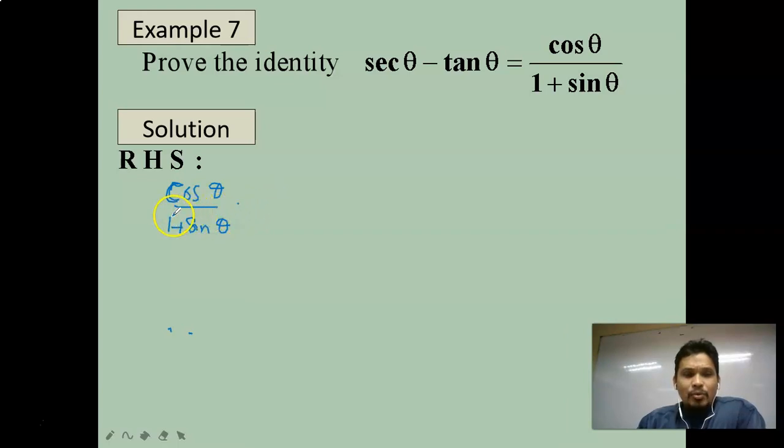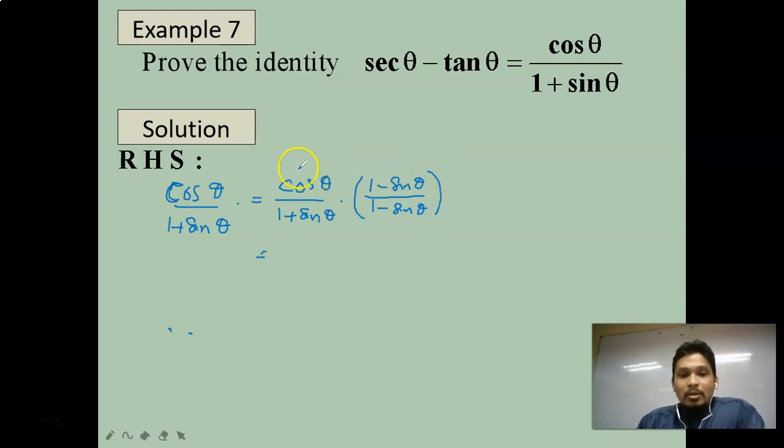To simplify this, 1 plus sine theta, I come up with cos theta divided by 1 plus sine theta, and we are going to multiply with the opposite of this. We might say we call it a conjugate, but not really, something like this one here: 1 minus sine theta over 1 minus sine theta.